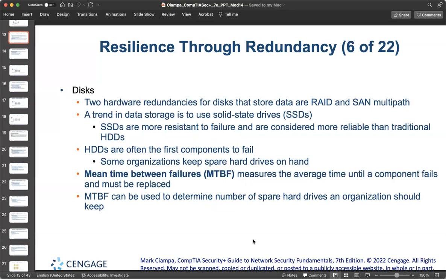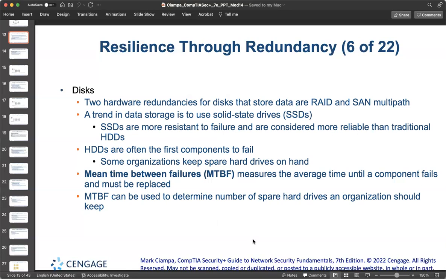A trend in data storage is to use solid state drives because those are more resistant to failure and are considered more reliable than traditional HDDs due to the fact that these are not mechanical.